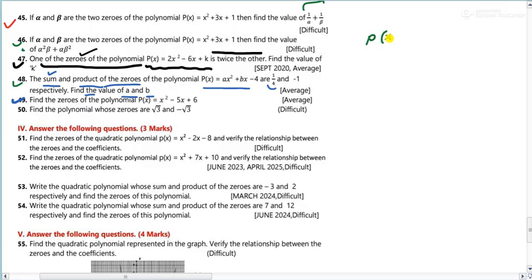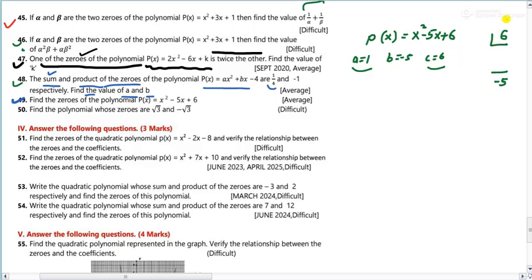So here they have given p of x equals to x square minus 5x plus 6, right? So a is 1, b is minus 5, and c is 6. So each time, what you do here, a into c you should write here, and b you should write at this point. Now which are the two terms?